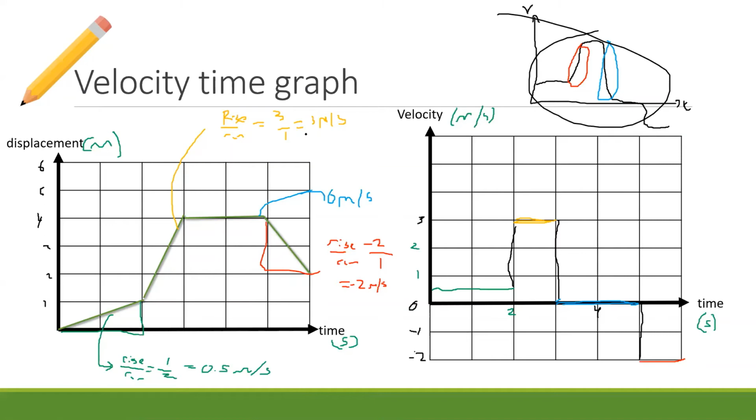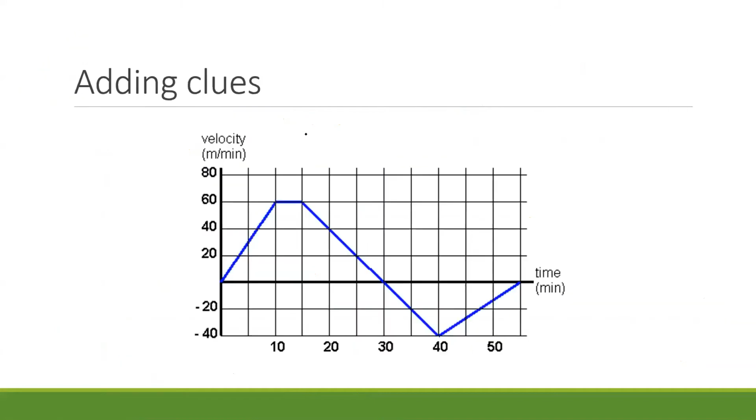Let's look at an example of a velocity time graph. When I get a velocity time graph like this one, which for some reason is measured in meters per minute, not meters per second, but that's okay, I'm going to add these two clues.